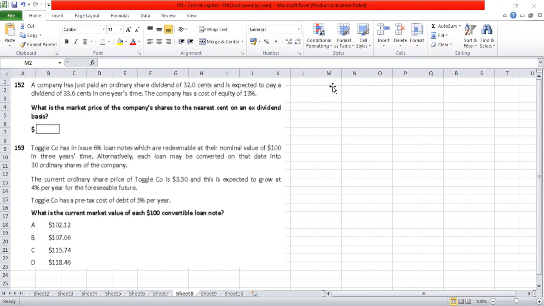So within a 1 year period, it has grown from 32 to 33.6. Just calculate what the growth rate is. Already we have the cost of equity. D is there and D1 is 33.6. Quickly calculate that, substitute, and tell me the value.